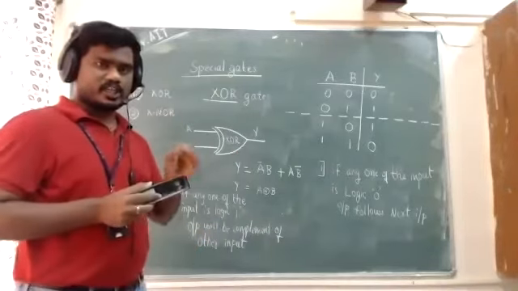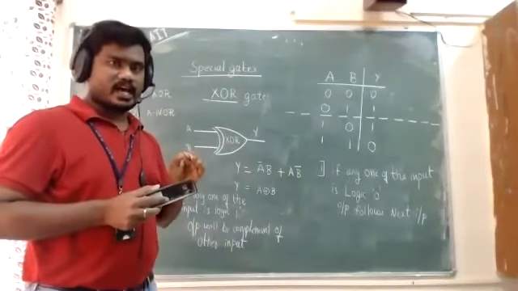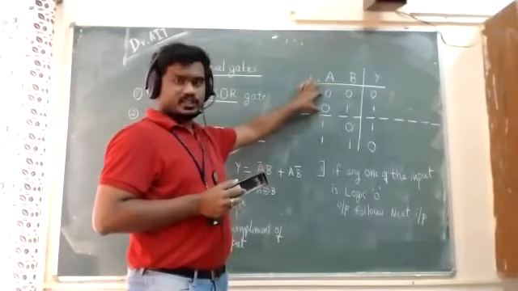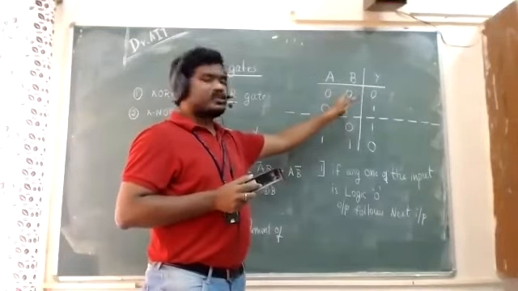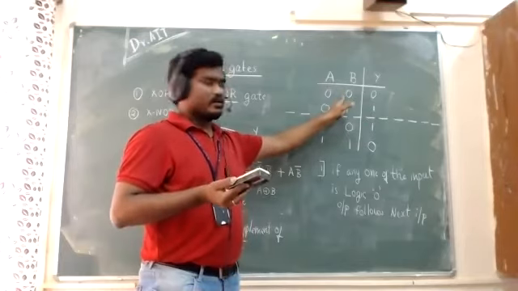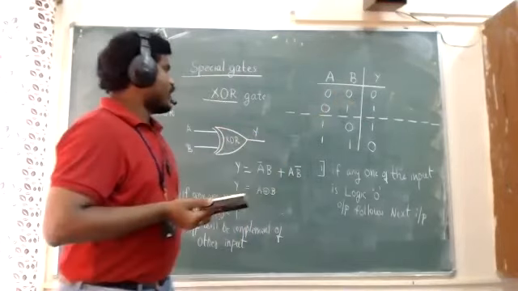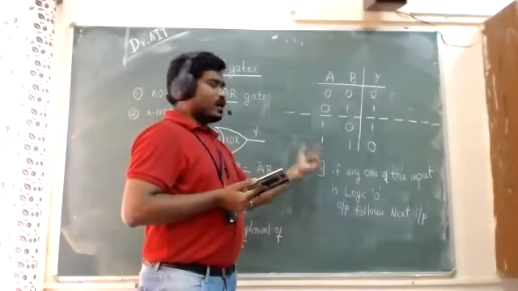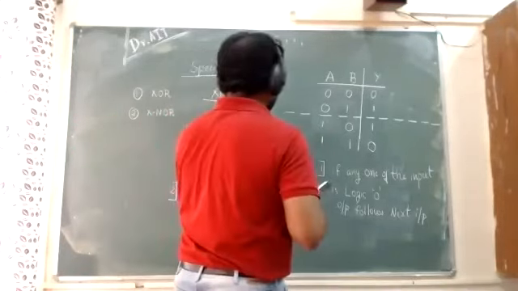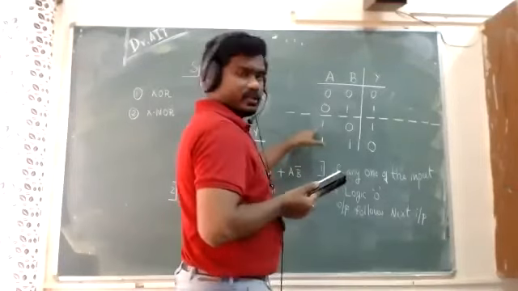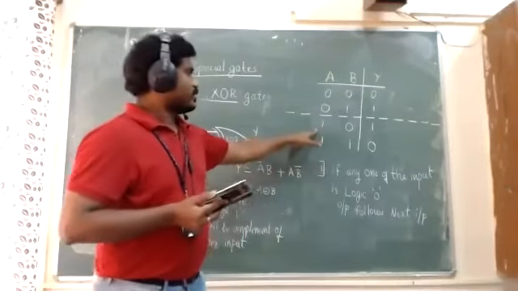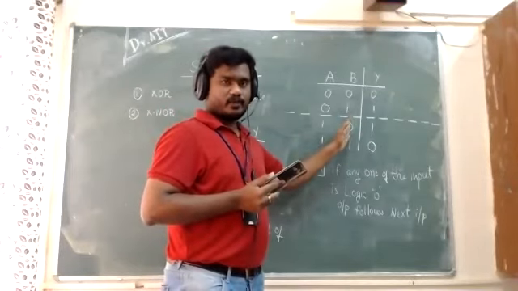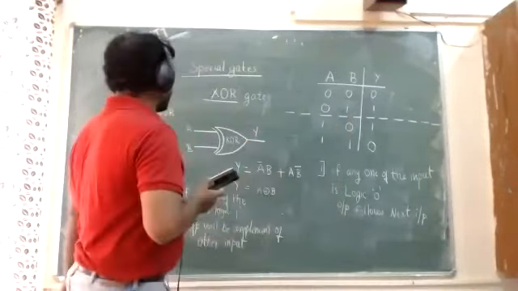The two special properties are: if any one of the inputs of the XOR gate is tied to logic 0, then the output will follow the next input bit. And if the input is tied to logic 1, then the output is the complement of the next input. So this is regarding the XOR gate.